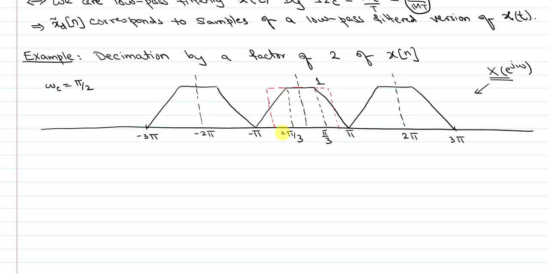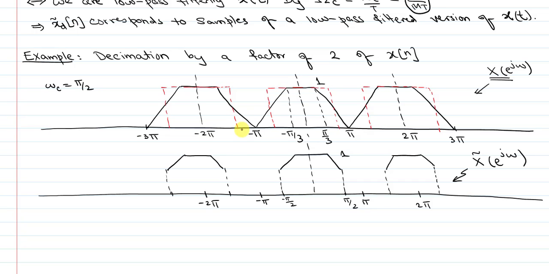It goes from minus pi by 2 to pi by 2, and similarly it will, of course, low pass filter the other periodic repetitions. When we do the low pass filter, we get the Fourier transform of x tilde of n in the above expression, before the downsampling operation. Once we do the low pass filtering of the original sequence, this is what we get.